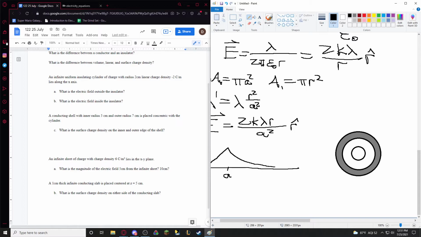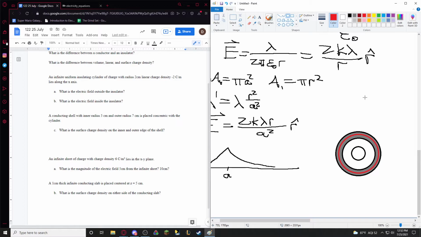Well, let's see. The net charge of the conductor itself is 0. The E is 0 on the inside of the conductor. Exactly. And then the insulator is still negative on the inside. So if the electric field is 0 inside here, if we draw a Gaussian surface, let's say that is our Gaussian surface inside our conducting shell.